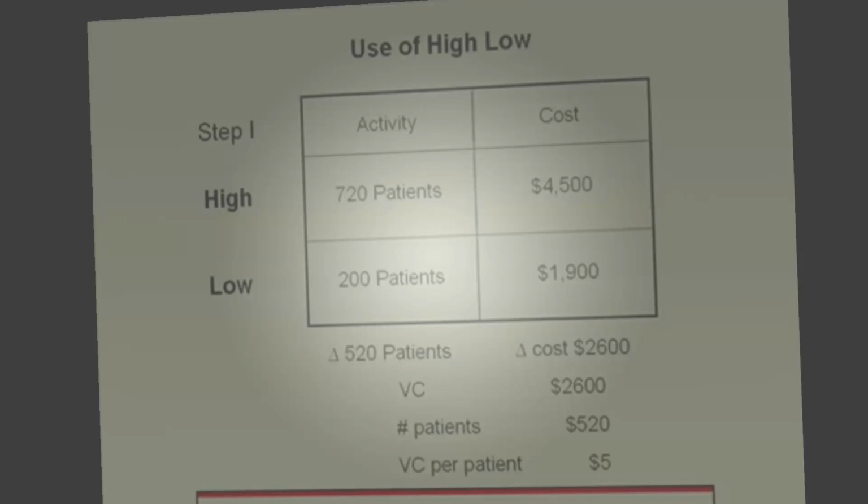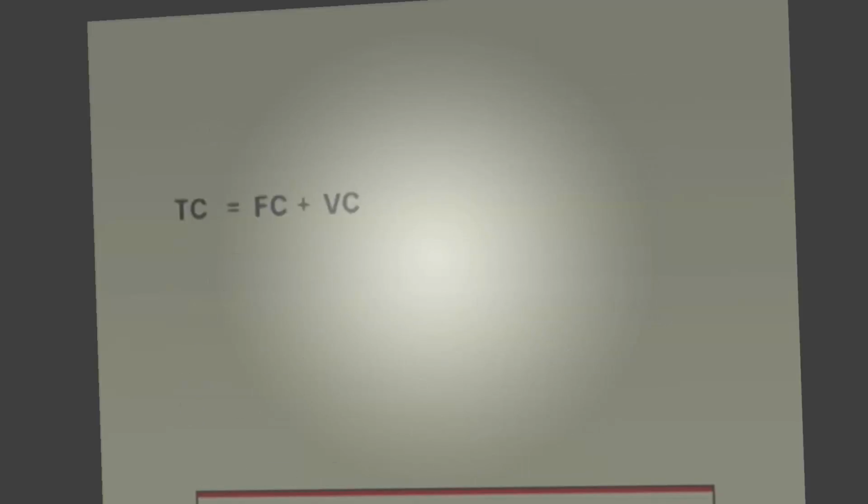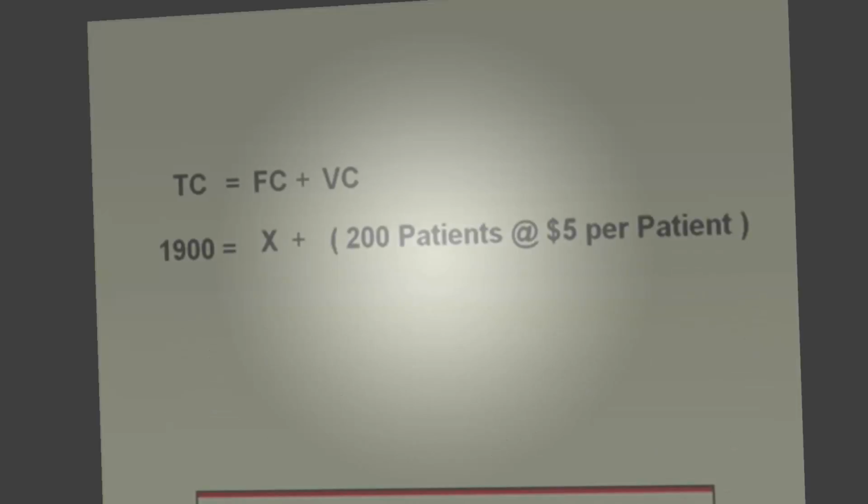Now, how do you find out the fixed cost? Use the formula. Total cost equals fixed cost plus variable cost. Choose the high month or the low month. You should get the same answer. So, in our example, let's use the low month.